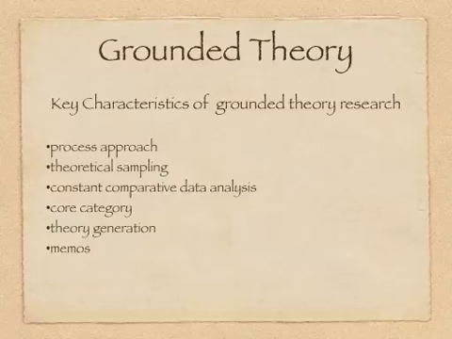The best way I think I can describe it is you've come up with your core category and all the other little themes that have led up to it that make it the central point. This whole process is called the grounded theory. I think that's the best way to look at it. The whole process of coming up with your core category is the basis of theory generation.